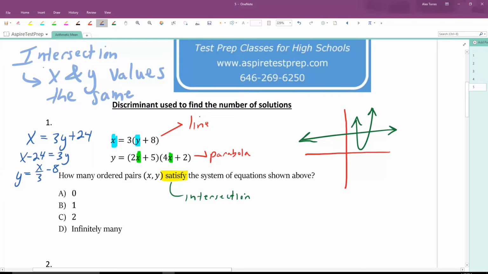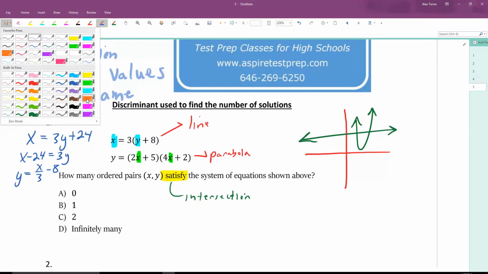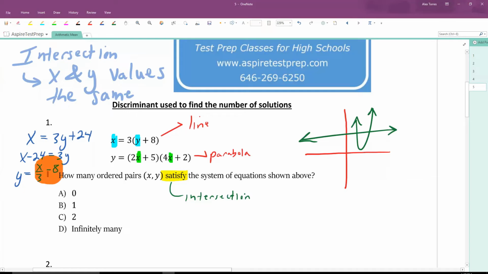Okay, so now we have y equals x over 3 minus 8 for one of the functions, and y equals all of this for the other function. The key is to set those two things equal to one another. So we can say x over 3 minus 8 equals 2x plus 5 times 4x plus 2.